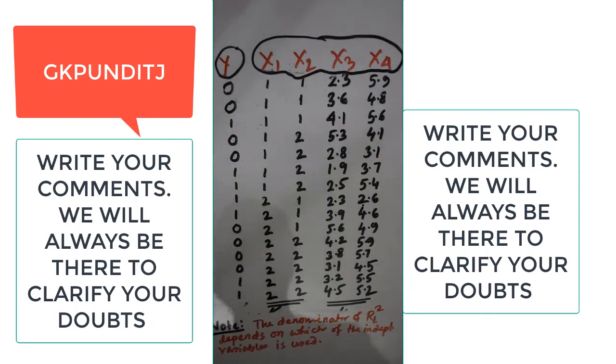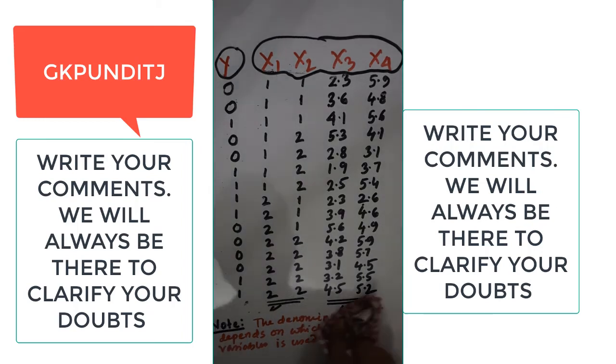This ambiguity comes into play especially during subset selection. So this is another note.